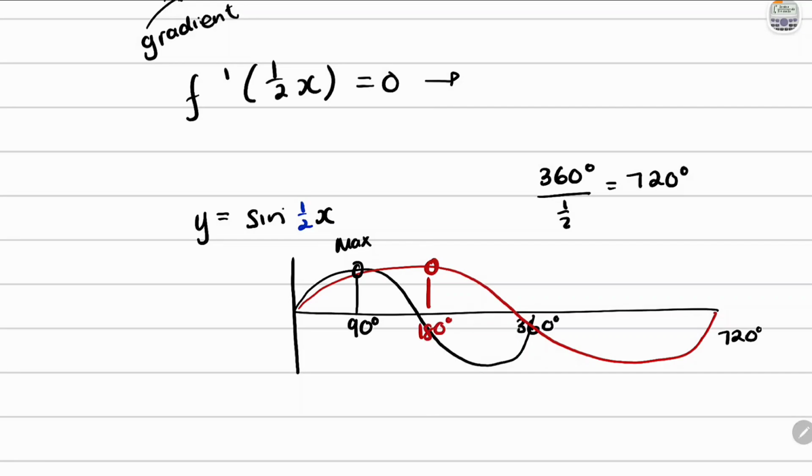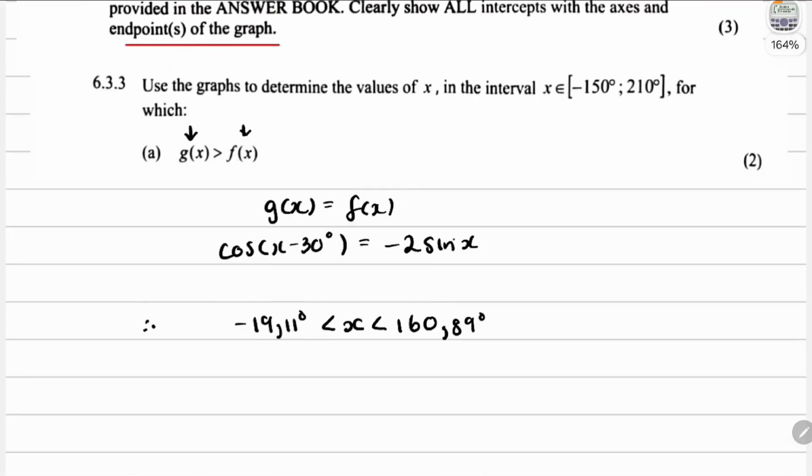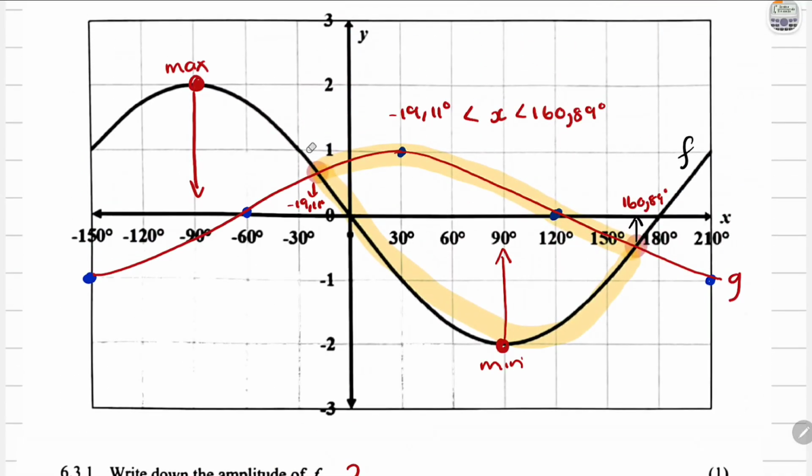Okay, so we know that now. With our graph, because the maximum and the minimum used to be here and here, where are they going to be now? This one that was at negative 90 will happen at negative 180 degrees. And this one that was at 90 is going to happen at positive 180 degrees.